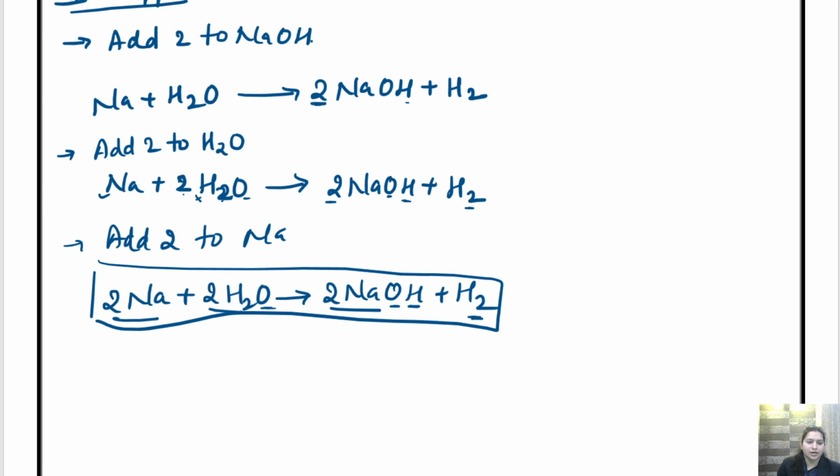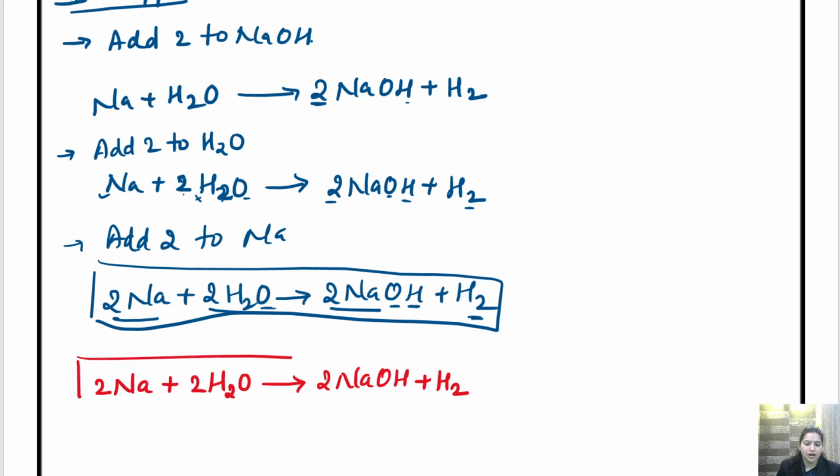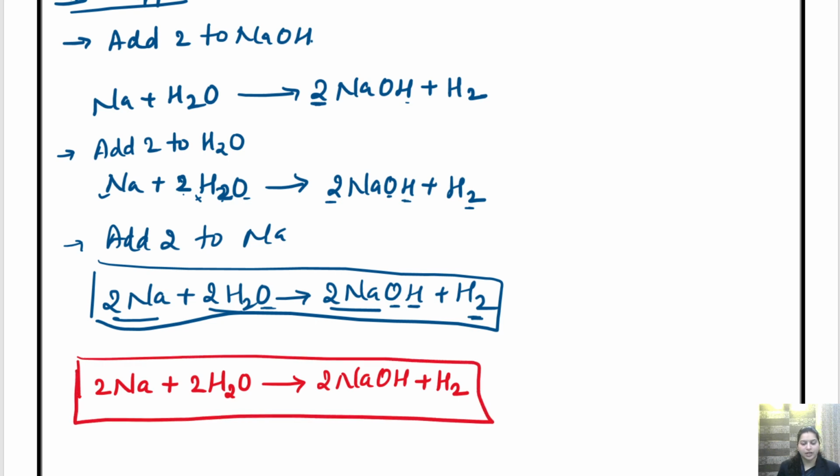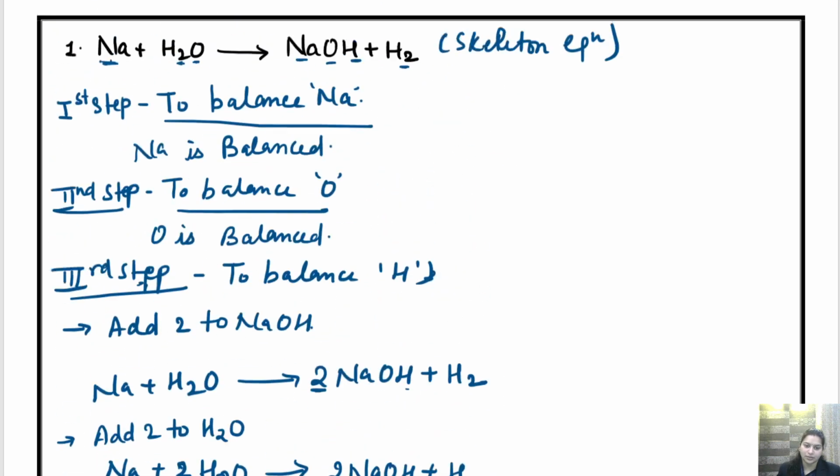Correct answer is, the balanced equation is 2Na plus 2H2O gives 2 NaOH plus H2. So this is a balanced equation, and this is called hit and trial method.